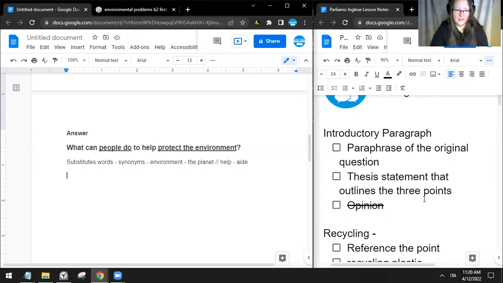Another thing that we can do is change the word form. What this means is, for example, you turn nouns into adjectives, and adjectives can become verbs, etc. So in this case, environment could be environmental.